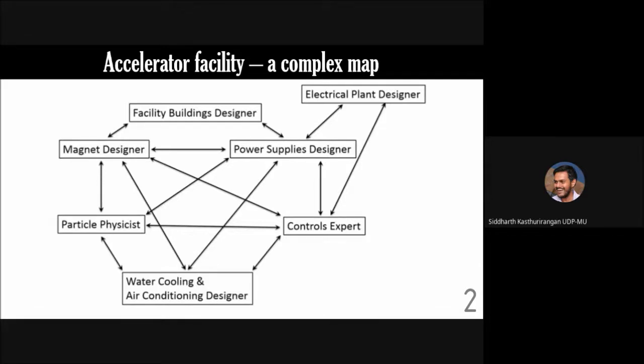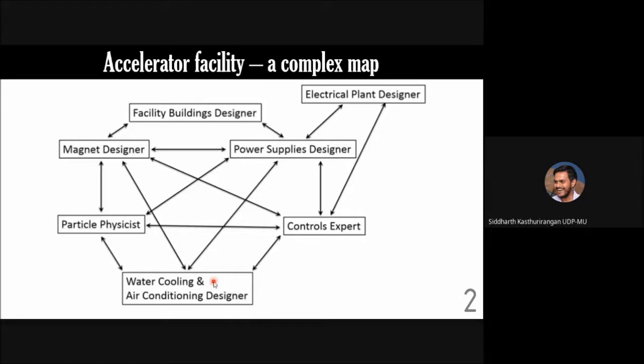Anyway, it's a very complex and very intricate web where there are several dependencies from several different perspectives. For example, there is a group which will be in charge of the water cooling and air conditioning.